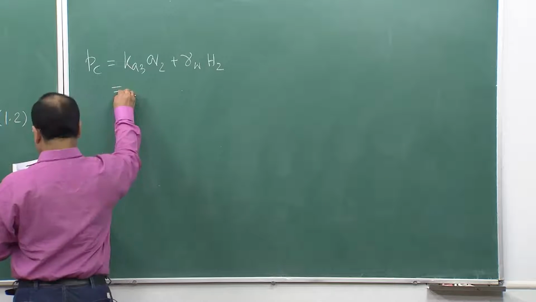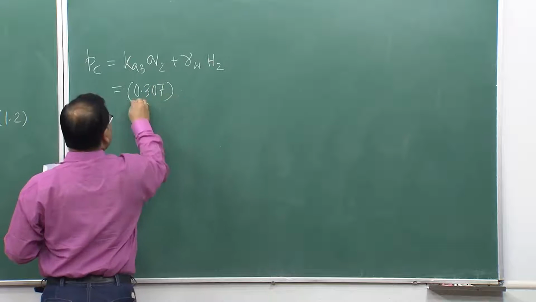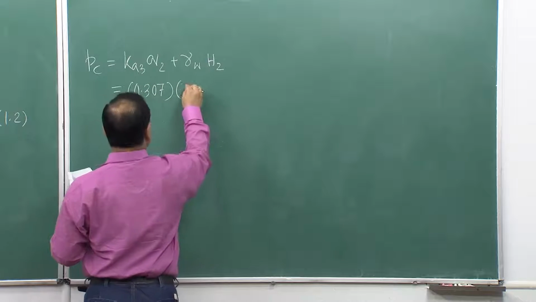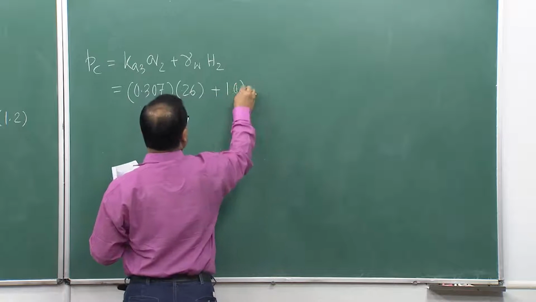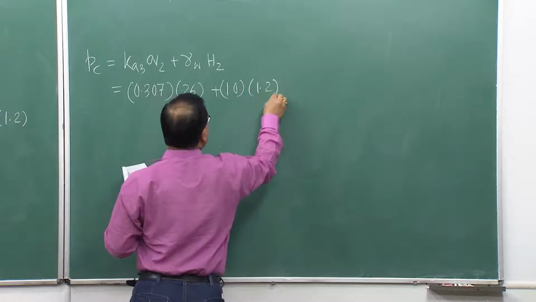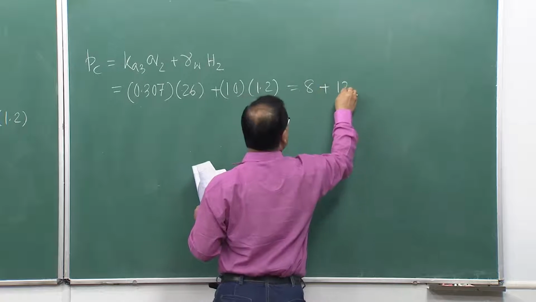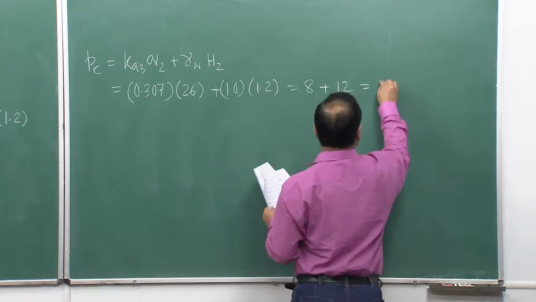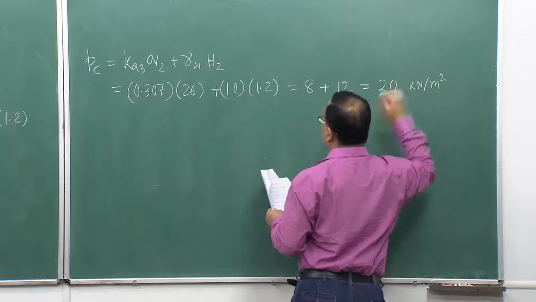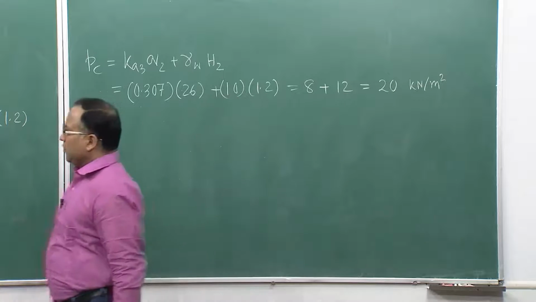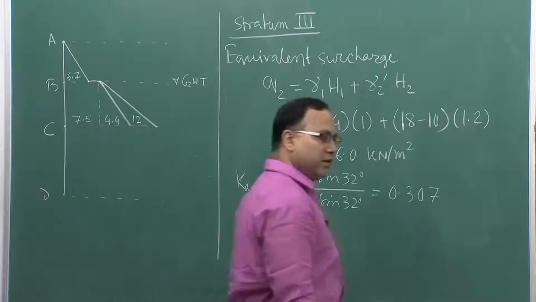So, which will be equal to 0.307 into Q2 is 26 plus gamma W is 10 and H2 is 1.2, that comes as 8 plus 12, which will be equal to 20 kilonewton per meter square. Okay. So, how we can plot this? I will come back to that later on.